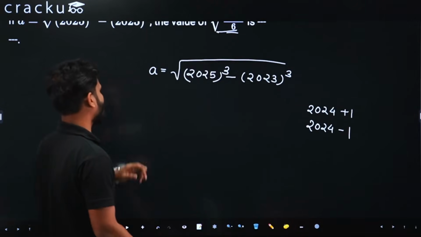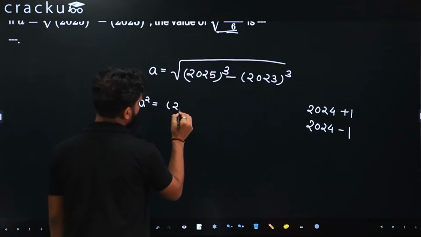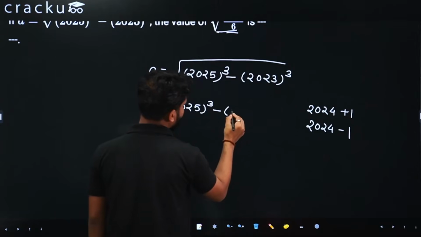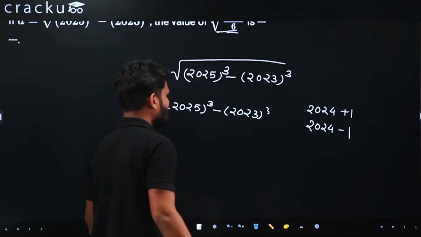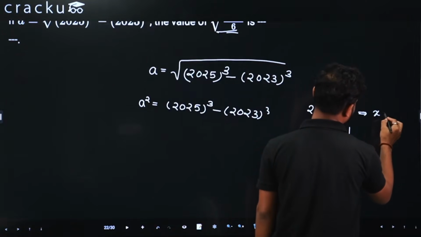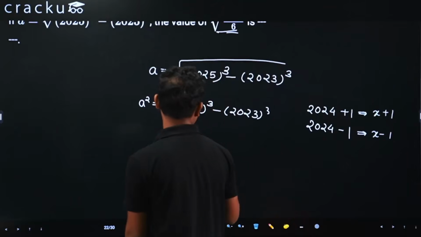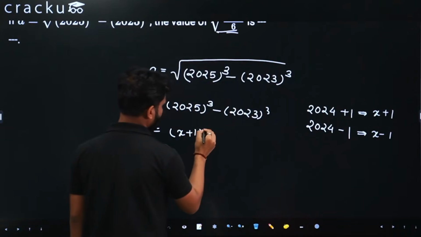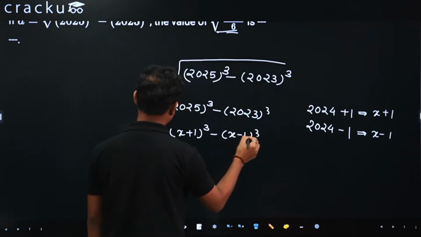Now let me square both the sides. A square will be equal to what? 2025 cube minus 2023 cube. Let us say 2025 is x plus 1, and 2023 is x minus 1. So I can write A square as x plus 1 whole cube minus x minus 1 whole cube.